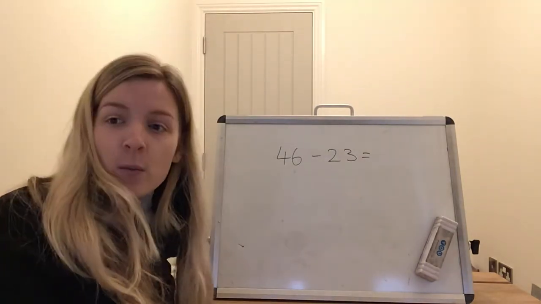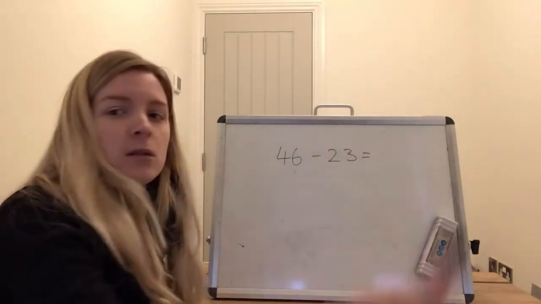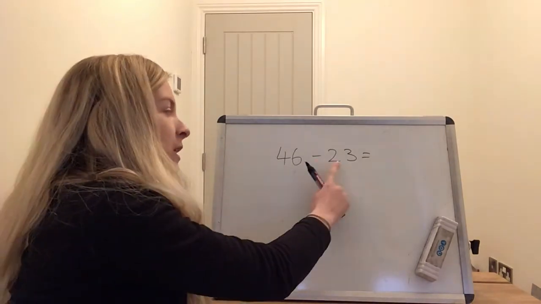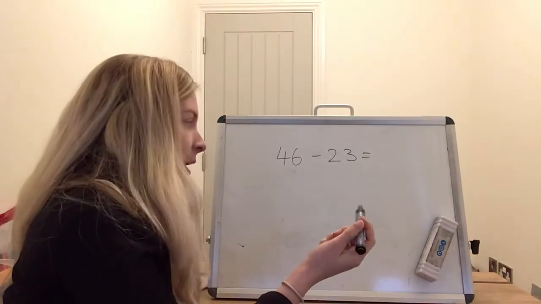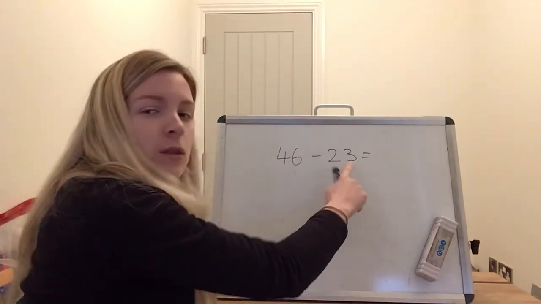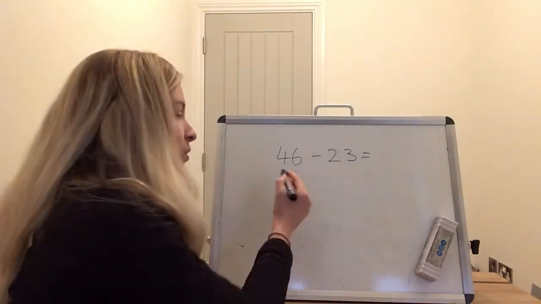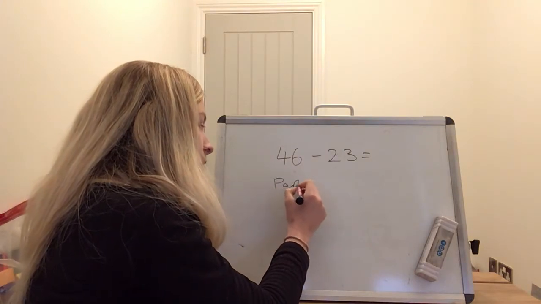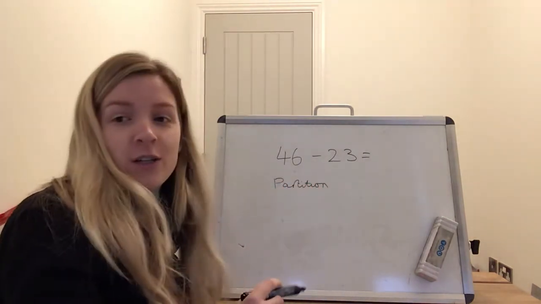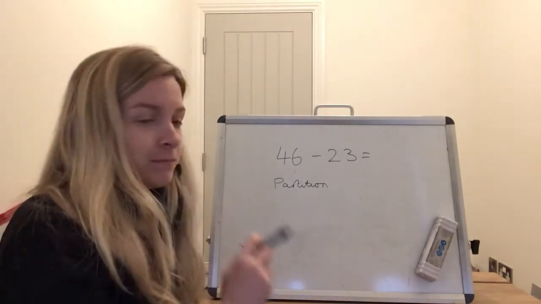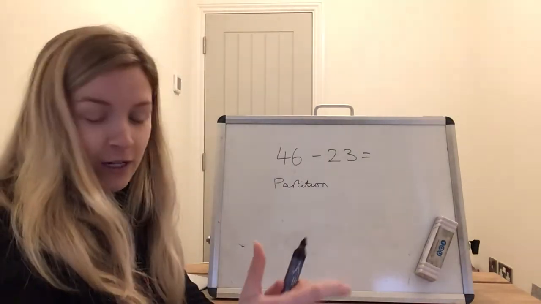Let's check. Can we partition into our tens and ones? Can we do 4 take away 2? 4 tens take away 2 tens? Yes, we can. Can we do 6 ones take away 3 ones? Yes, we can. So you should have chosen to partition, okay, for this one. Okay, ready for the next one?